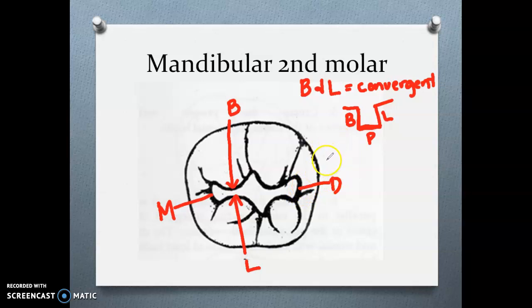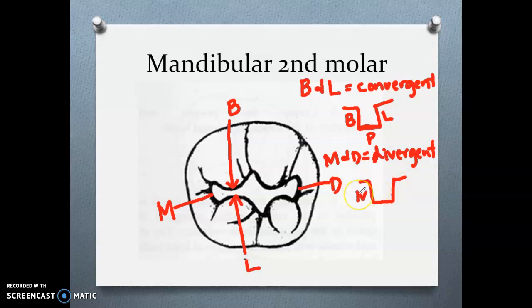However, the mesial and distal walls, the reverse, will be diverging towards the occlusal. So when I make a drawing, when you diverge, it opens up a little bit.